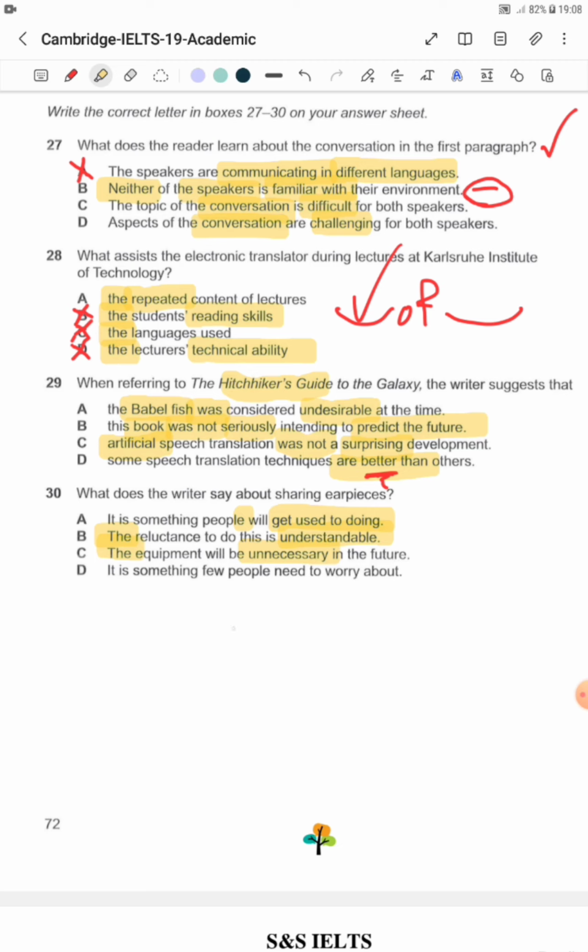Because it is something, a similarity. So, it is something that people get used to doing or need to worry about. Here's the thing we have to check in the text. Okay. Good.